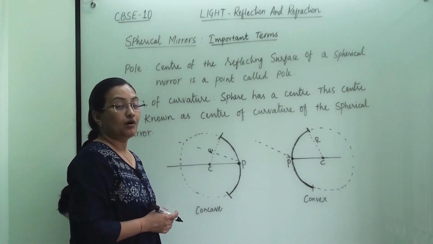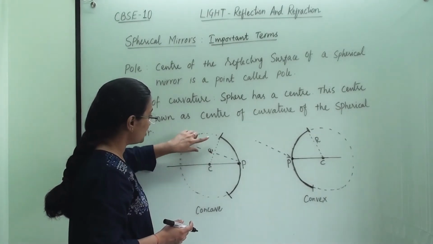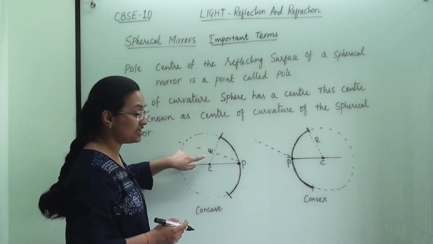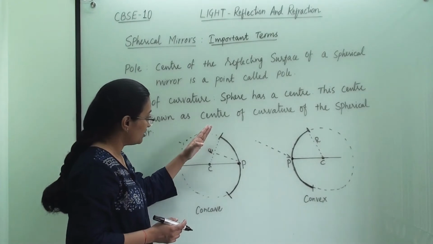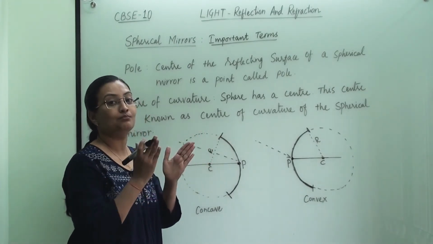Now we are talking about the radius of the curvature. So what is the radius of the curvature? It is the radius of the sphere from which the mirror has been taken as a part. From here we have taken the mirror; this much portion is the mirror, so the sphere has made a part from the mirror.